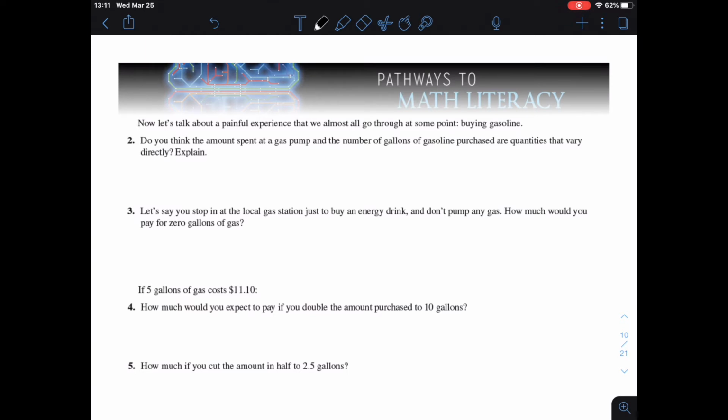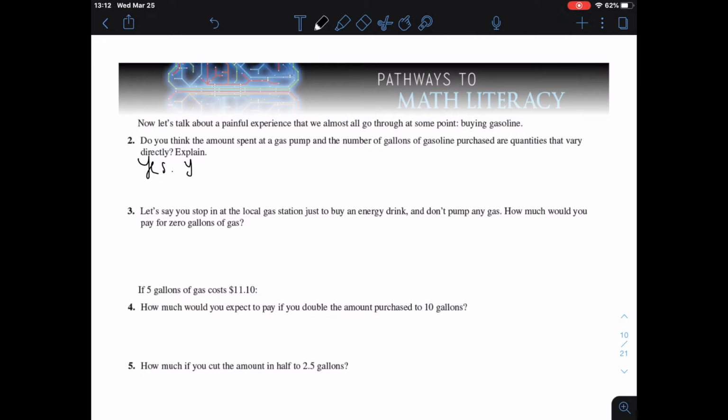So I am going to go through 0, 0. If I buy 5 gallons, it's going to cost me whatever price it is, say $2 per gallon. And if I buy double the amount, it's going to double the price because it's still the same amount for every single extra gallon you purchase. So yes, we do expect this to be direct variation.